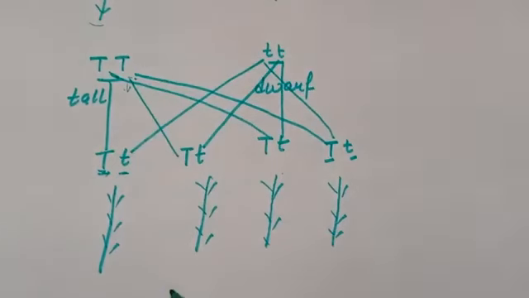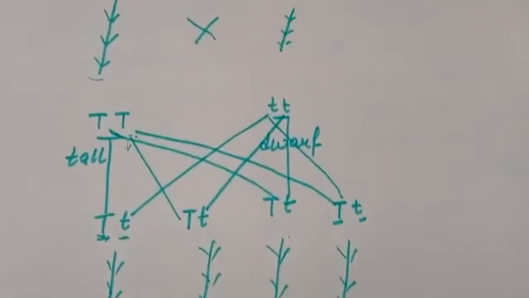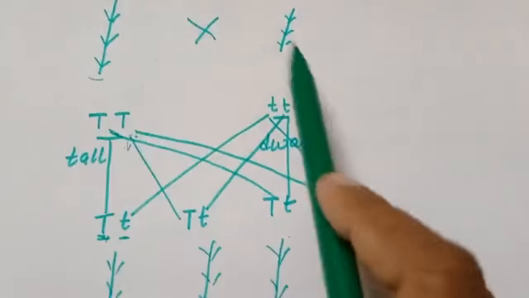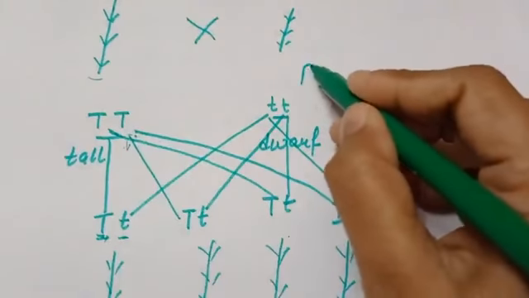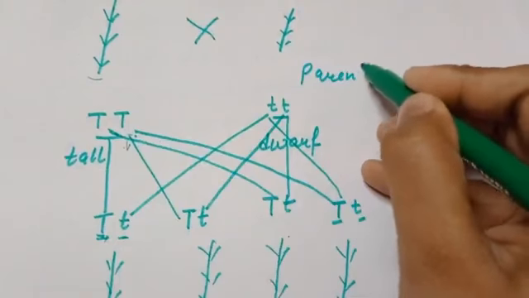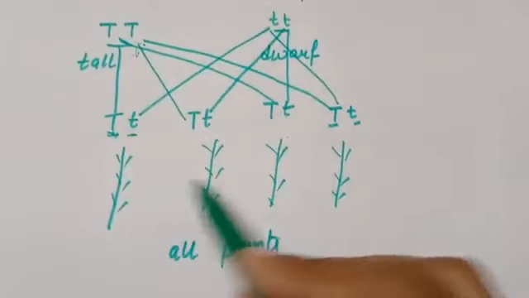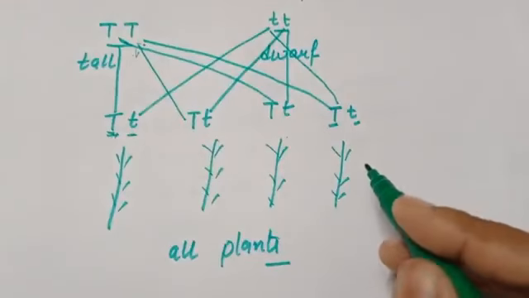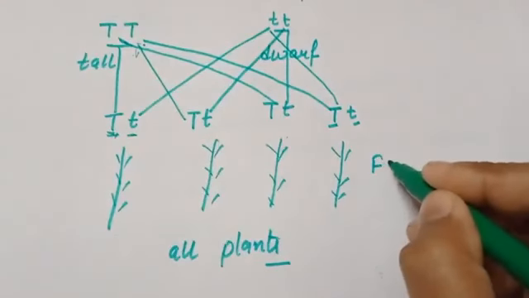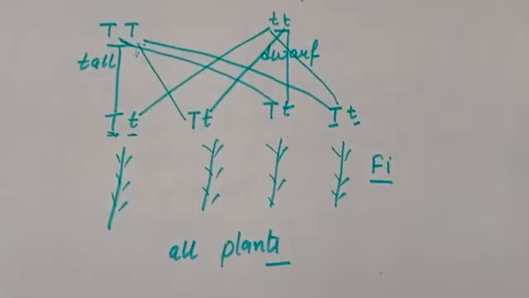So all tall plants will be produced. When these two true breeding plants crossed, that was the parental generation, and the all-tall plants we got are called the first filial generation, or F1 generation.